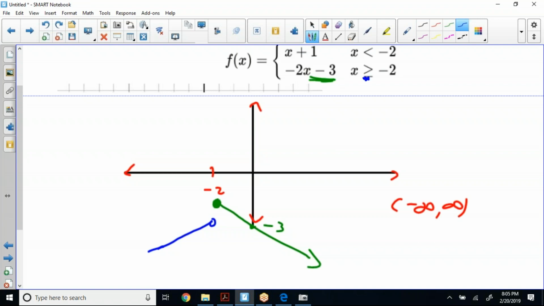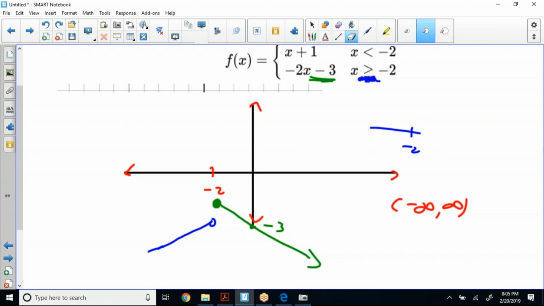Look right here. If I made that right there go away, guess what I would have? An open dot that says it can't exist there, right? And then we'd have a union thing. Does that make sense? But that would be two open circles on the same point, which would cause a not equal to, right? So just realize that.